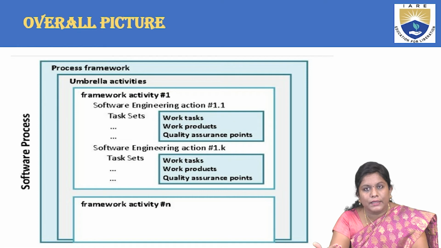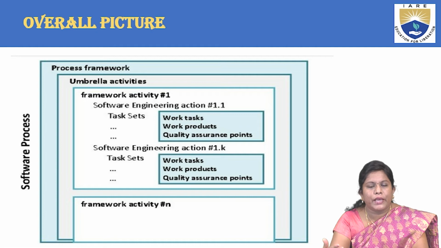All those things come under the umbrella activities, and then you have software engineering action 1.1. That is, you are trying to break them down into modules. You can have 5 modules, 6 modules, or n number of modules based upon how big your application or your project is. Based on that, you divide them into various actions or task sets.